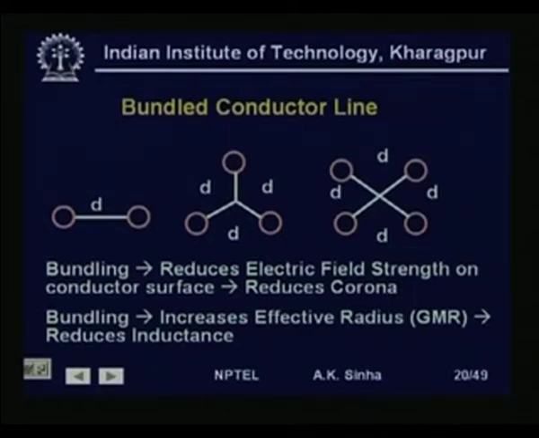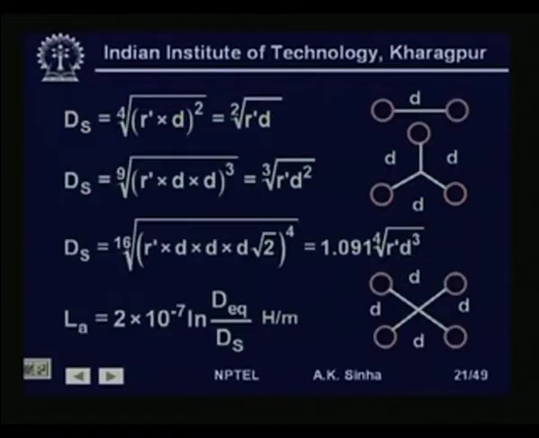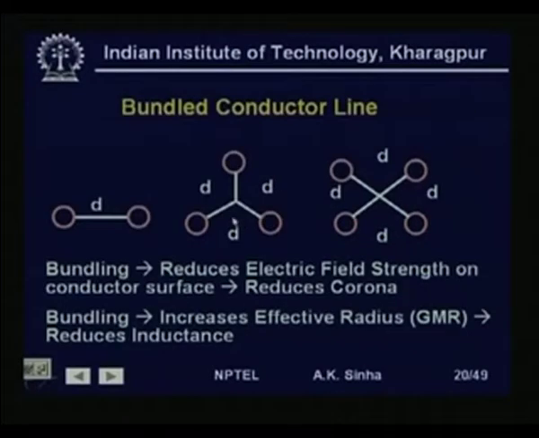Here we have two conductors together, that is conductor 1 here and another conductor here with a distance d between them. Here we are showing the configuration with three conductors 1, 2, 3 with spacing d between each one of them, and this one shows 4 conductors.